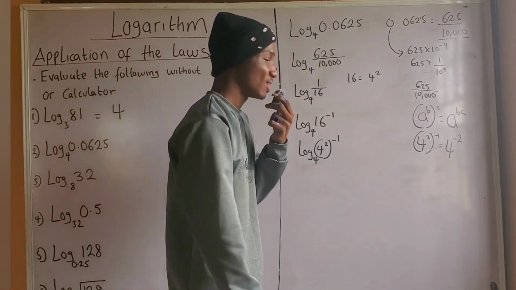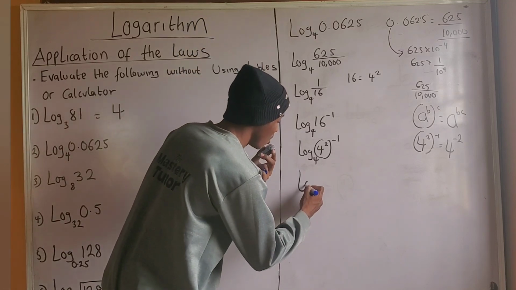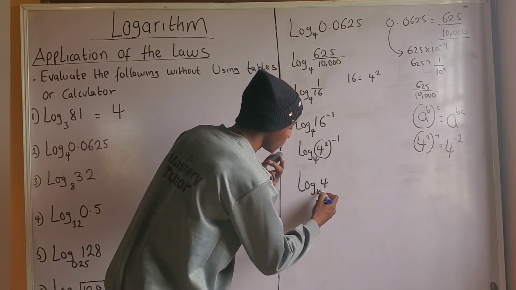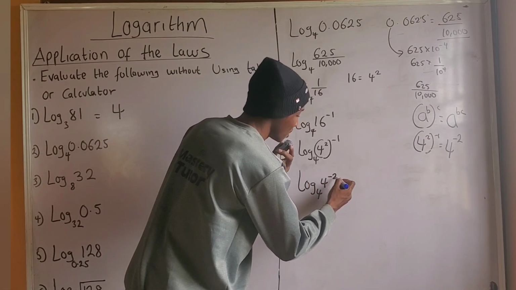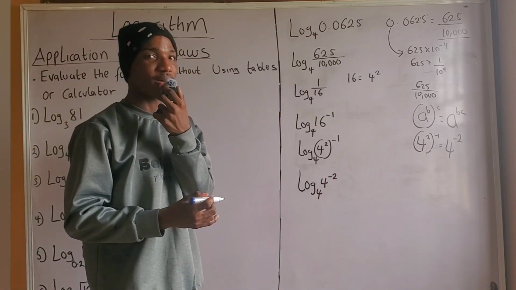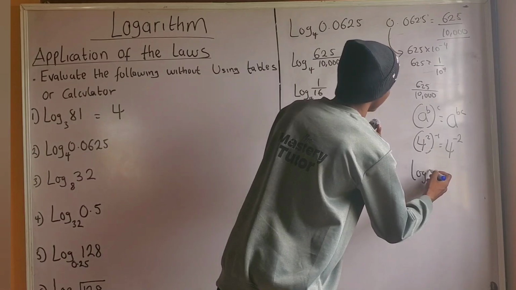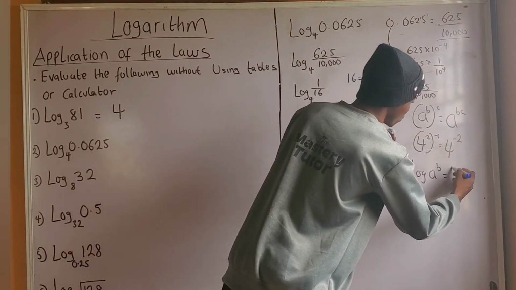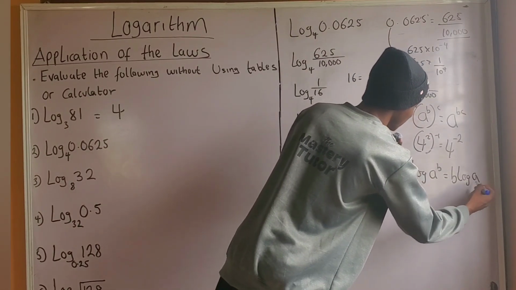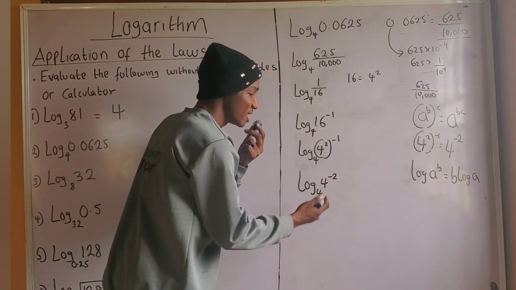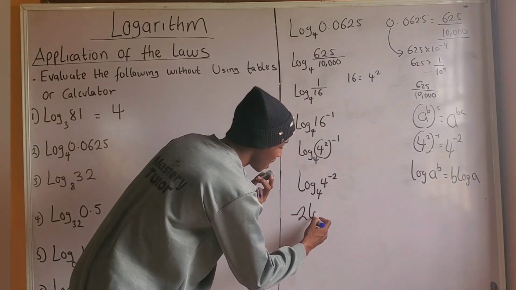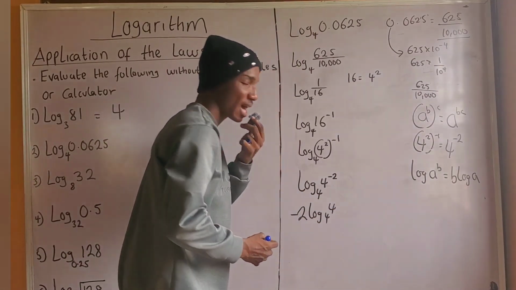Okay, so for this, I'm going to have log of 4 to the power of minus 2, base 4. Now, according to log of a power, if you have log a to the power of b, this will be equal to b multiplied by log a, right? So log of 4 to the power of negative 2, base 4, will be minus 2 multiplied by log 4 base 4.